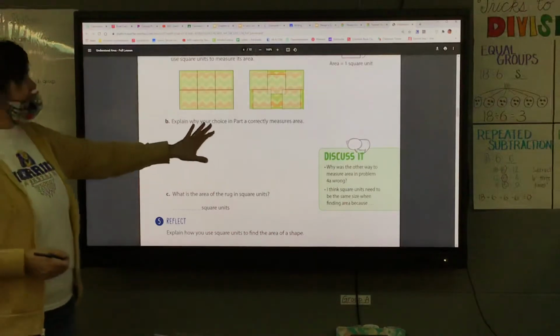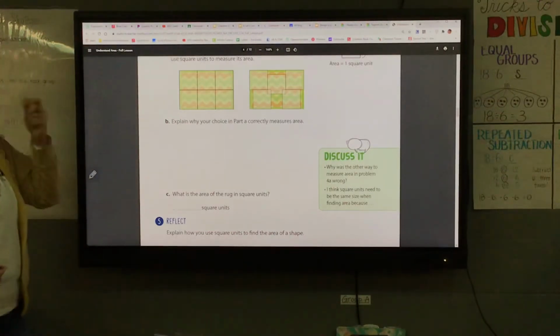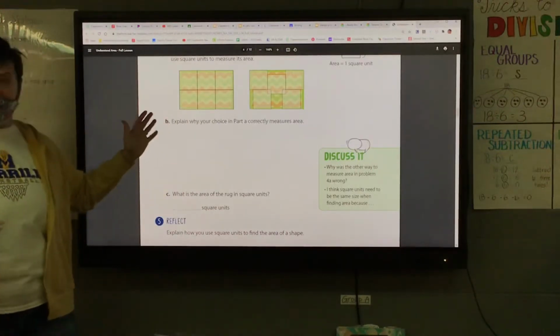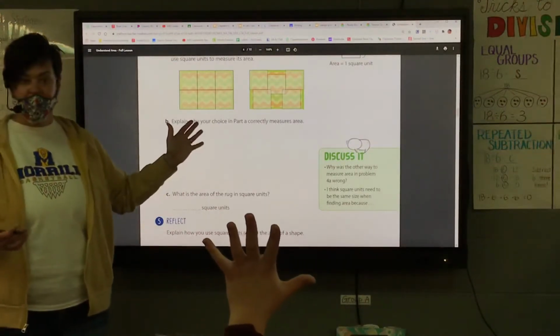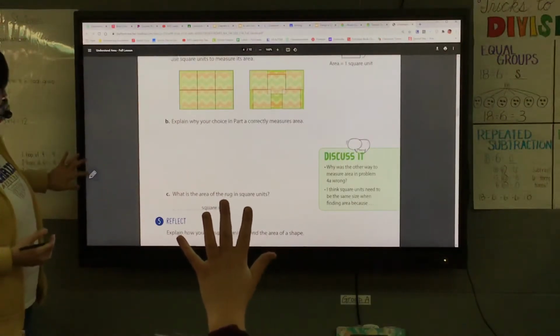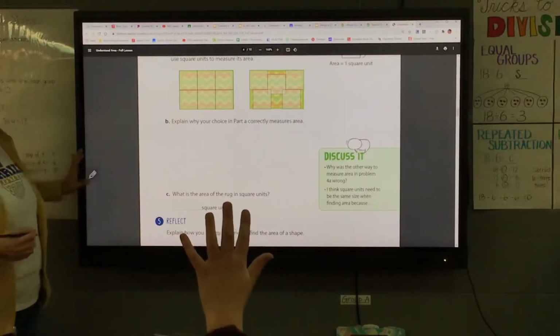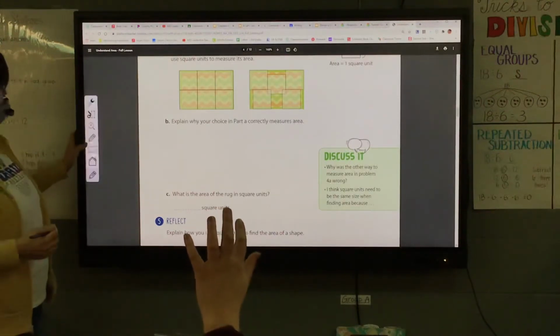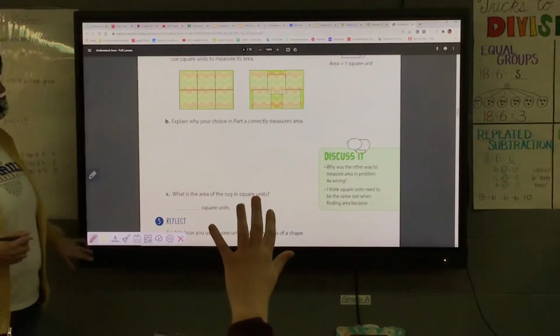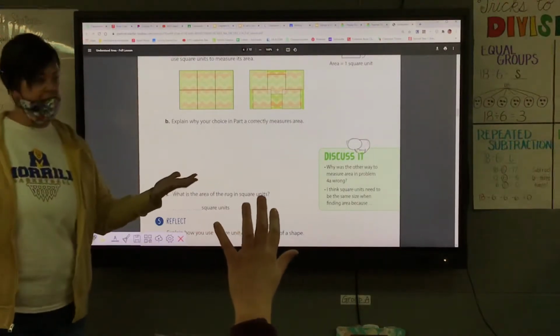Now explain why your choice in part A correctly measures area. Why does it correctly measure area? Does it go along with what Raylyn had said? Yeah. Okay, so what could we write down here? It's basically saying, why did we choose A?